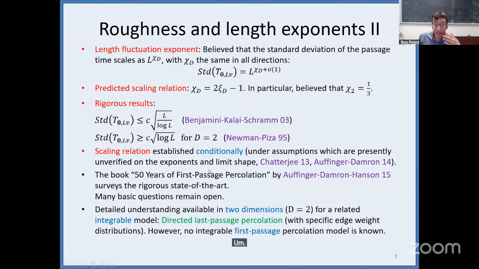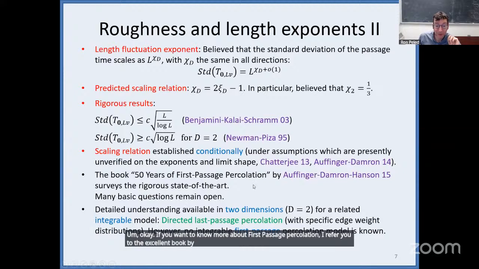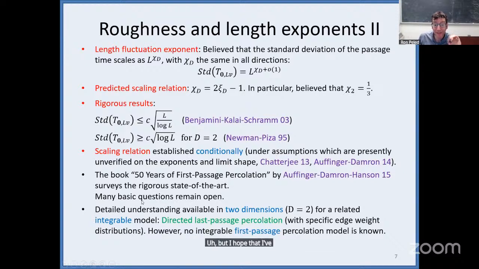Okay. If you want to know more about first passage percolation, I refer you to the excellent book by Auffinger, Damron, and Hanson, 50 Years of First Passage Percolation. But I hope that I've illustrated to you that many of the very basic questions on this model remain open.